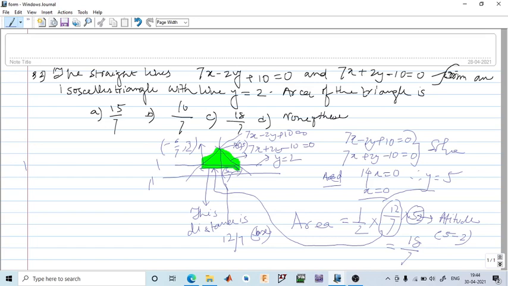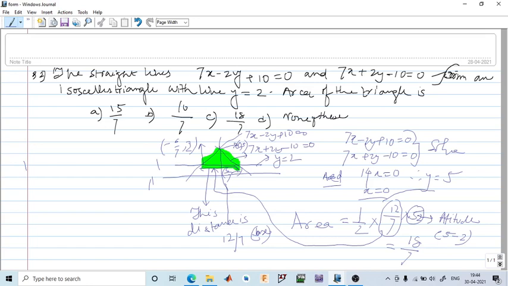Then what will be the value of altitude? It will be 5 minus 2. And what will be the value of base? The value of base we can find by minus 6 by 7, or let us say the distance is positive, and it will be 12 over 7, right?